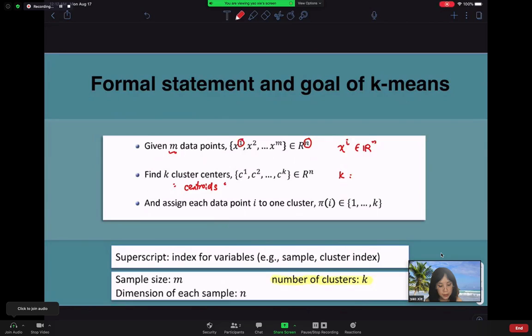Based on that, we will find an assignment of each data point to one particular cluster. You can imagine this assignment is a function. This function is pi. Its argument is i, and its output is one of the integer values between 1 and k. So this basically tells you which of these clusters the ith data point belongs to.